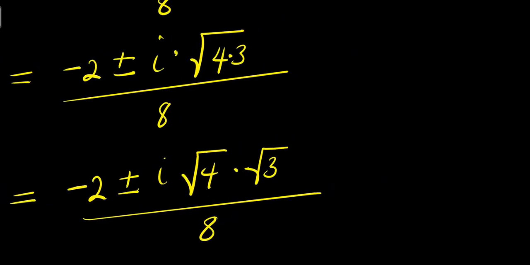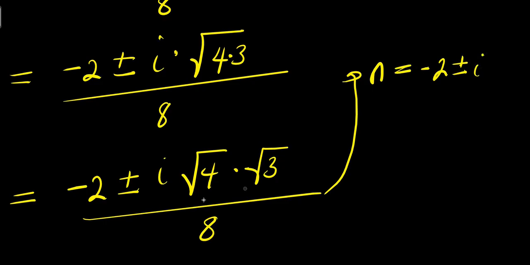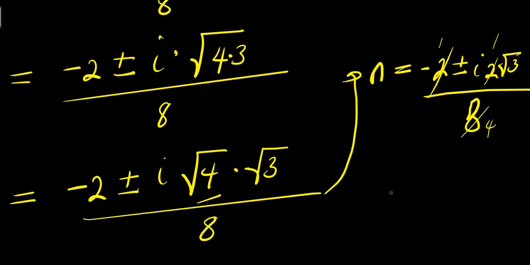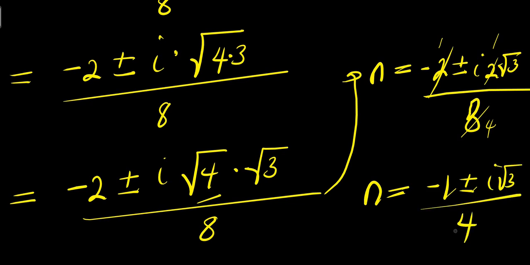So from here, we continue over here. n equals negative 2 plus or minus i times square root of 4, that is 2, times root 3, divided by 8. So we eliminate the common factor 2. So you have n equals negative 1 plus or minus i times root 3, divided by 4.